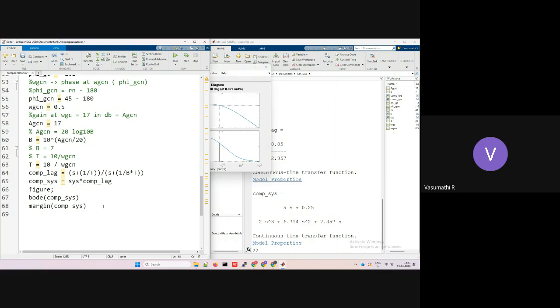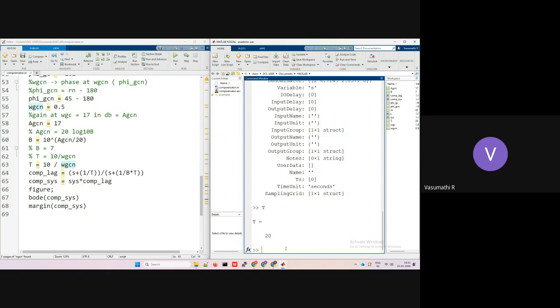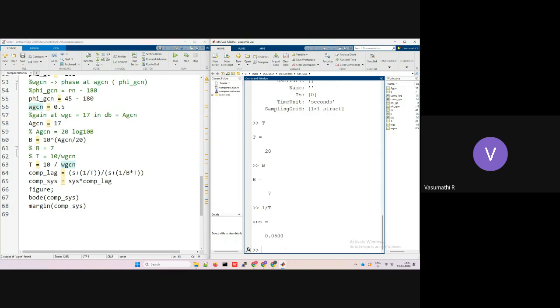While calculating by hand, we will do x plus 0.05, 0.05, okay, 0.02. Beta into T, 140, because 7 into 10, it is 140. 1 divided by beta into T would be 2.8.